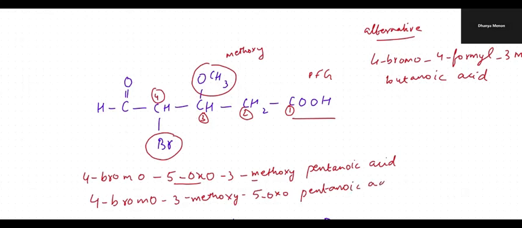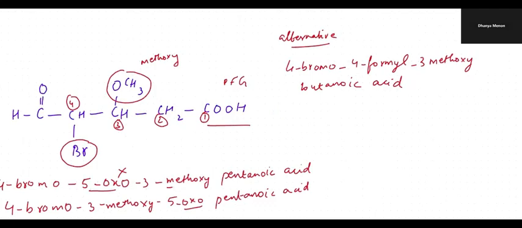Because this was not according to the alphabetical order. This is according to the alphabetical order. So when do I use oxo for aldehyde? When I number it. When I don't number it, I use the prefix formyl for aldehyde. I hope I'm clear here.